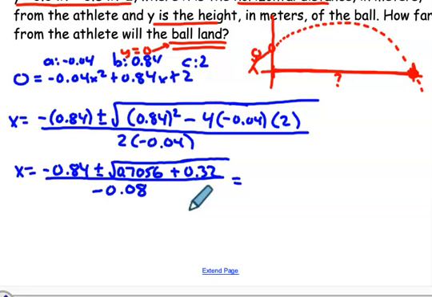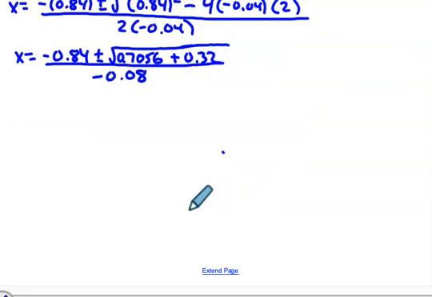So one more simplified step before we go to the calculator on the square root. I'm going to write this down here since I want to be able to see it when I use the calculator. But we have negative 0.84 plus or minus the square root. If you add those together, you get 1.0256.